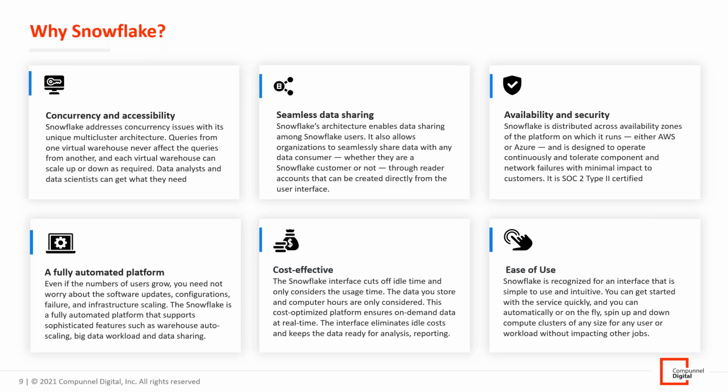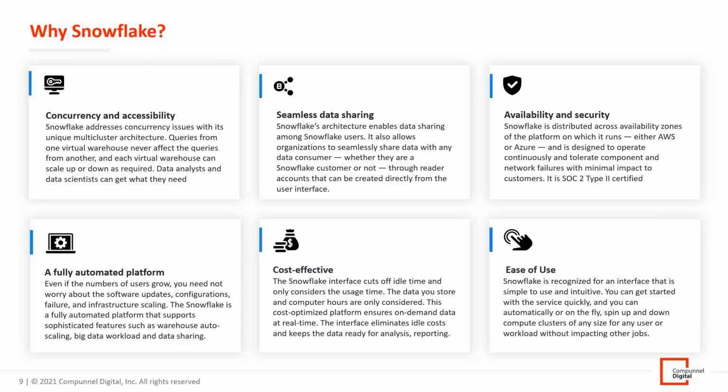And availability and security. Okay, so security is one more important feature, and it is SOC 2 Type 2 certified within Snowflake. And high availability is there. Snowflake is distributed across availability zones of the platforms on which it runs, either AWS or Azure.